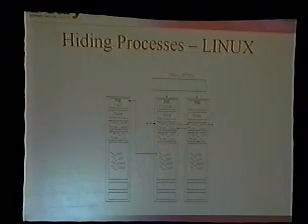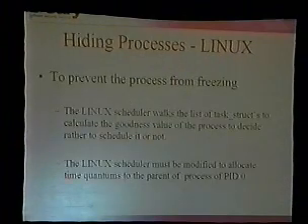So its parent pointer in the task struct is null because it is the first process, or the first task. To hide this process, we're hiding PID 1901, and we have to change the init process to point to our hidden task struct on Linux. And I'll explain why. Because if you don't change the scheduler at all on Linux, your process freezes.